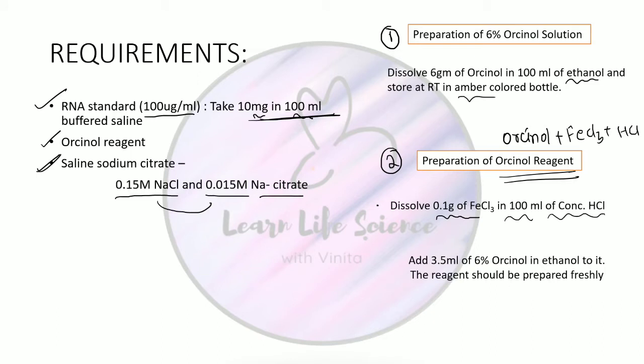After that, you will take 3.5 ml of the 6% orcinol in ethanol which you have already prepared and add it to this solution. Remember, this reagent should always be prepared freshly prior to use. So this is about the requirements as well as the reagent. Moving on, next we will be discussing the protocol.